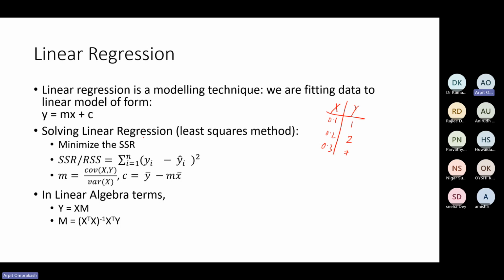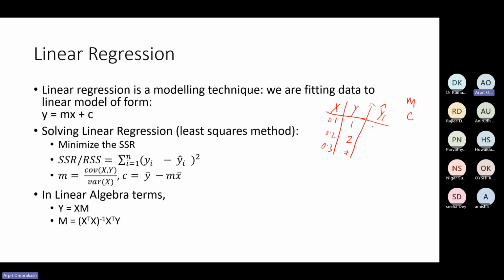So basically, to solve linear regression, we assume a line. We assume the values for m and c initially, and then we calculate yi hat, which will be given the values of m and c, or slope and intercept.